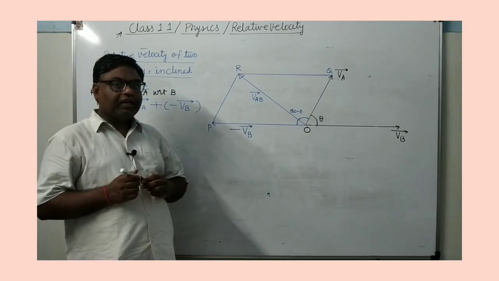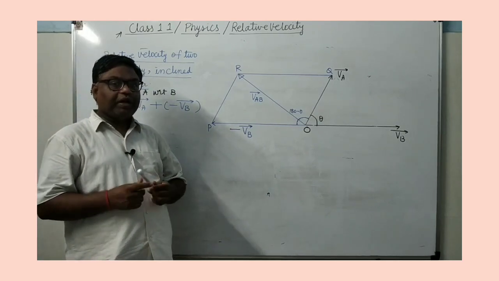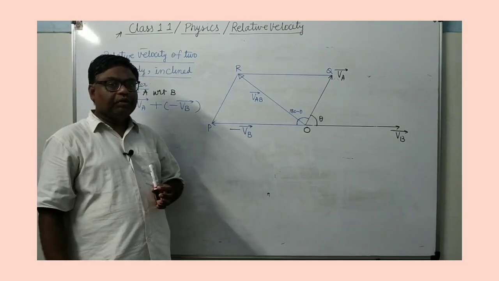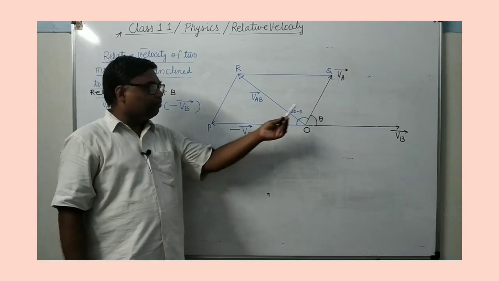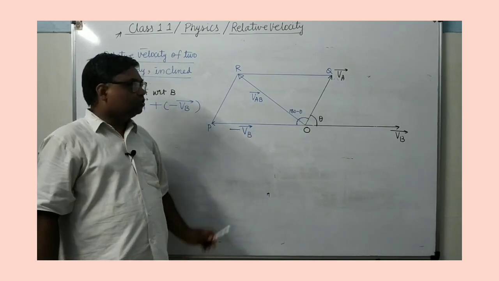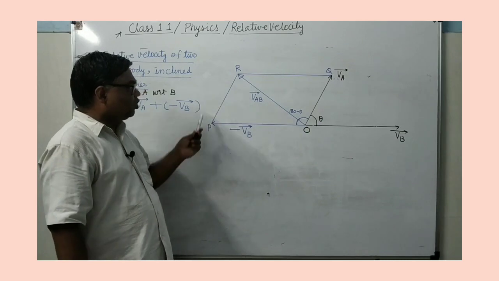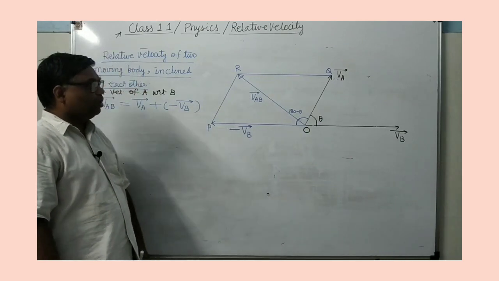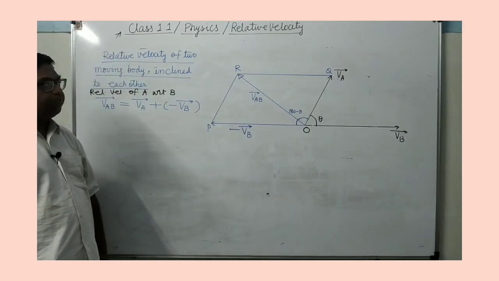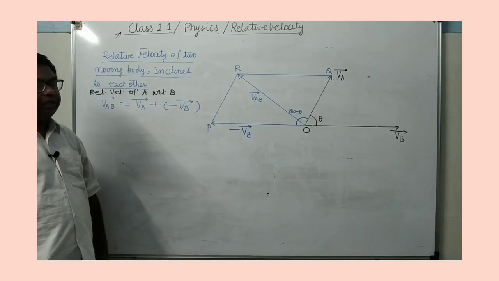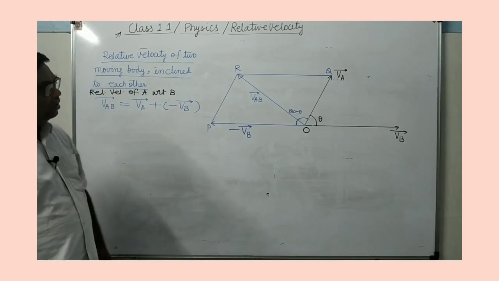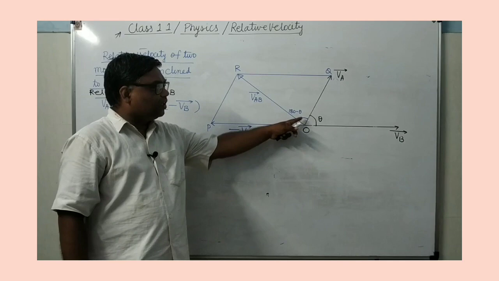How will you find their resultant? It can be found by completing the parallelogram. You complete the parallelogram by these two lengths. So that parallelogram will be OQRP. What will be the resultant of these two?